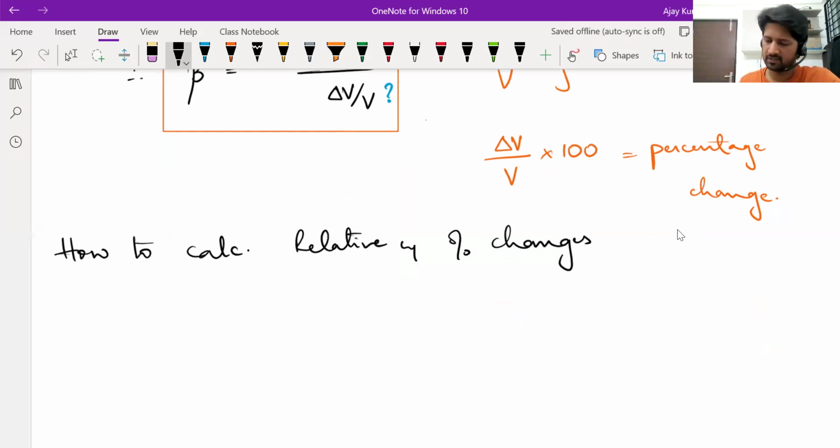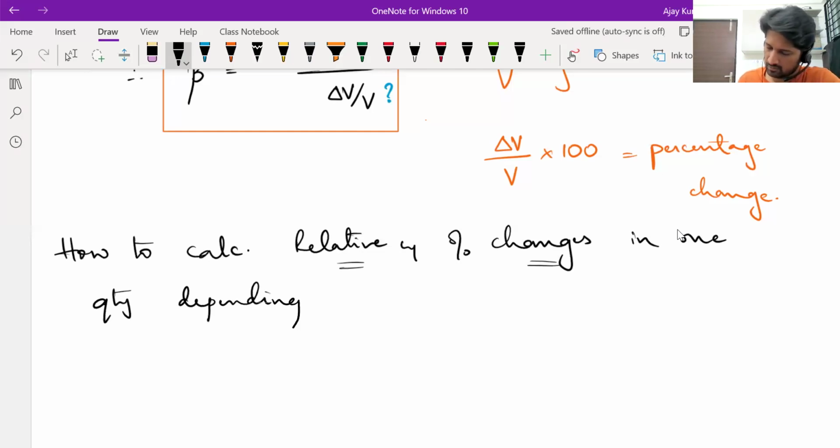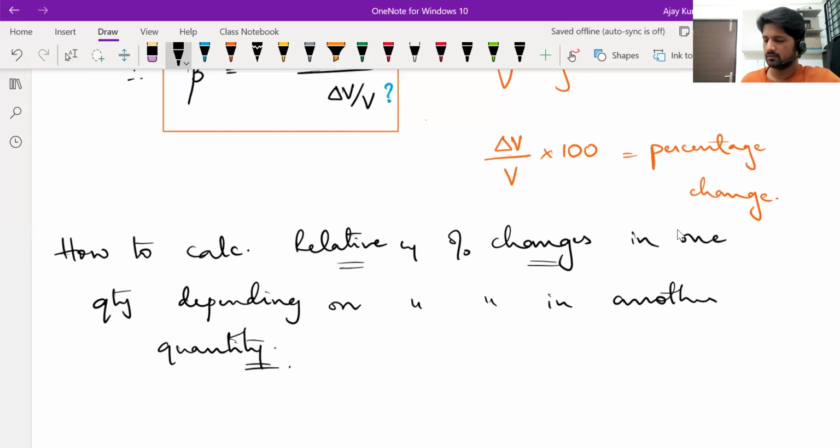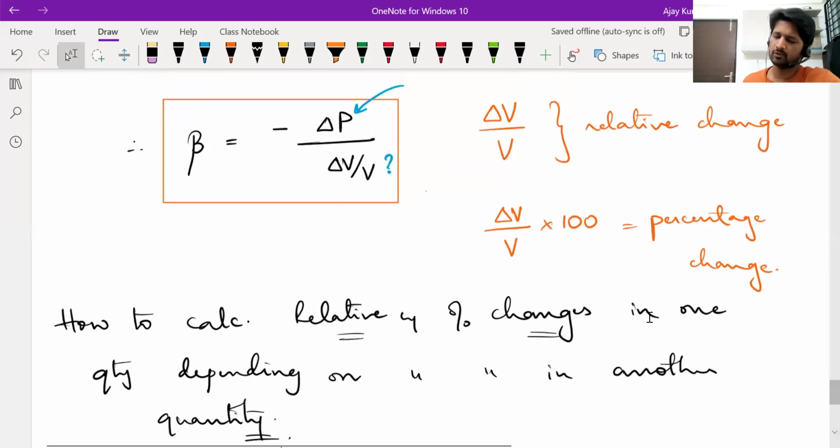Revise that itself: how to calculate relative and percentage changes in one quantity depending on relative and percentage changes in another quantity. Briefly revise this, then you'll easily be able to apply this formula to solve problems.